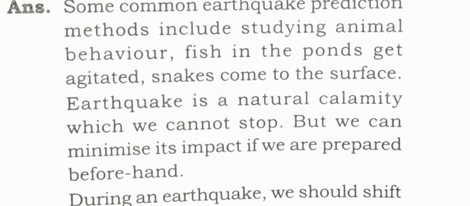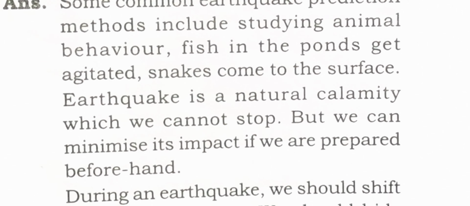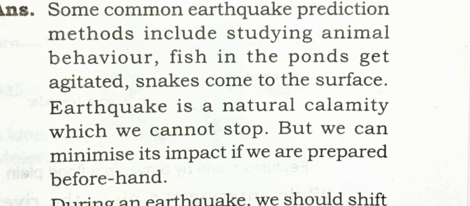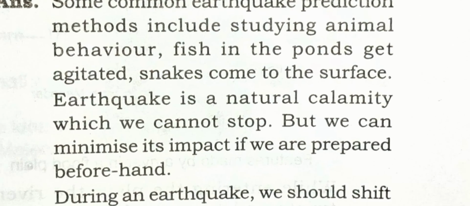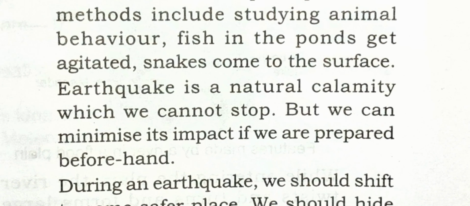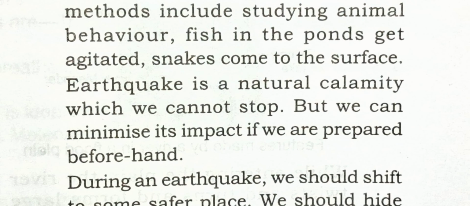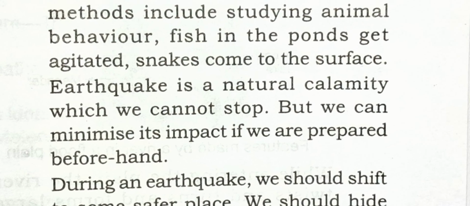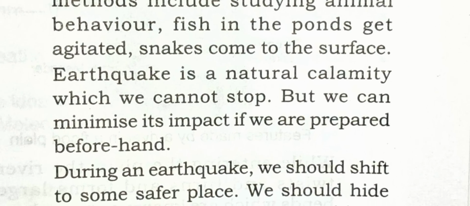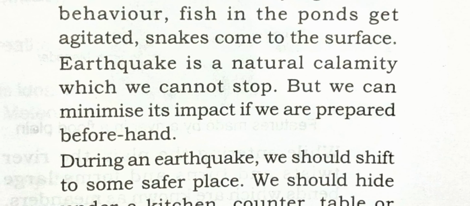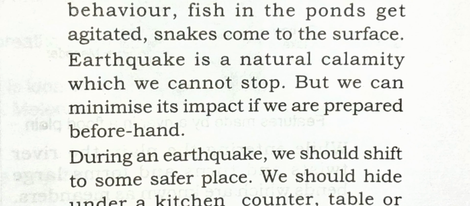Fish in the ponds get agitated, snakes come to the surface. Earthquake is a natural calamity which we cannot stop, but we can minimize its impact if we are prepared beforehand.